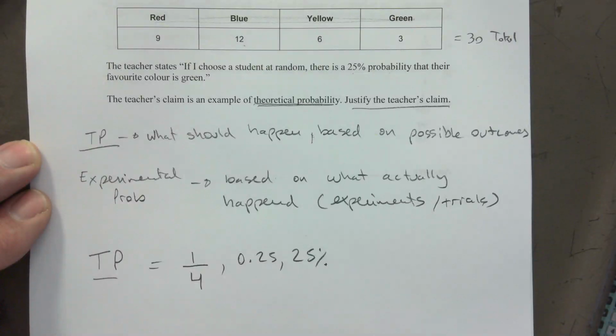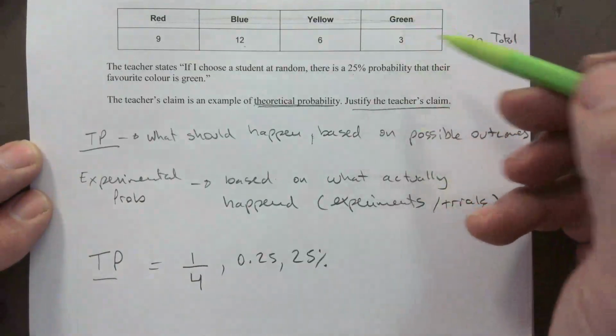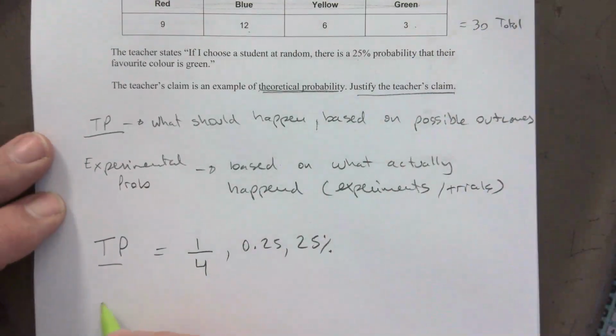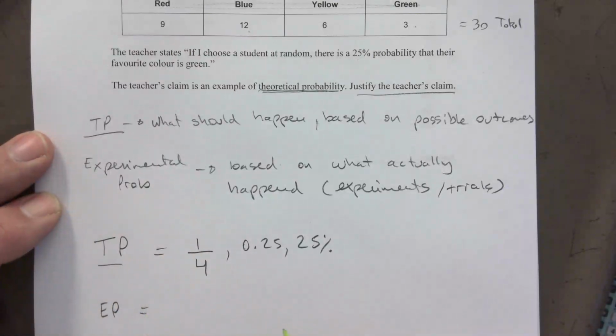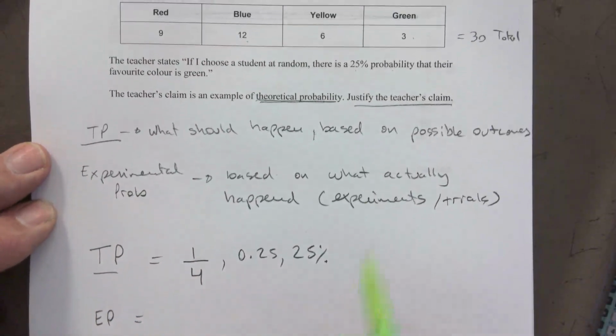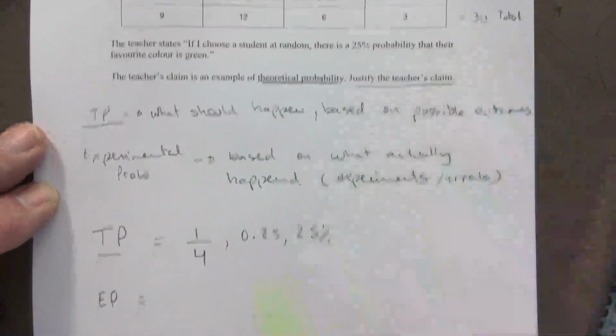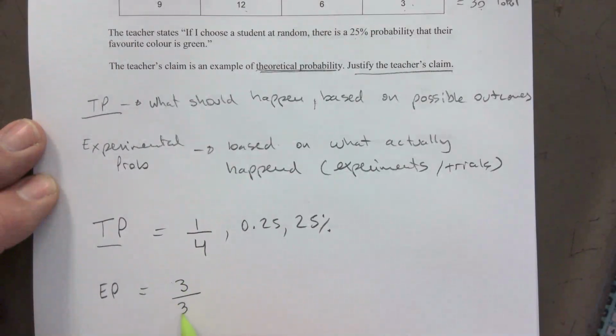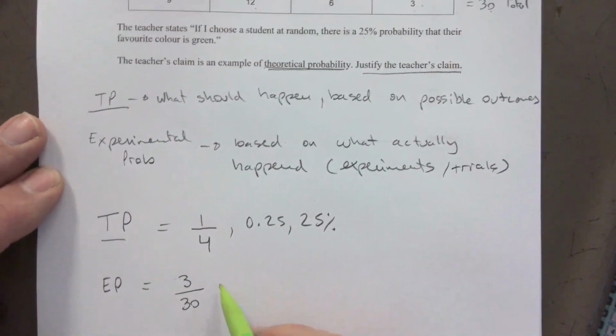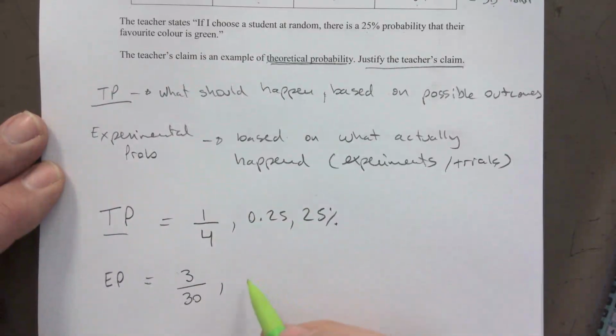Oh, sorry. Green. Yeah, green. So what is the experimental probability in this case of green? 3 out of 30. And what's 3 out of 30? That'd be 0.1. That's 10%.